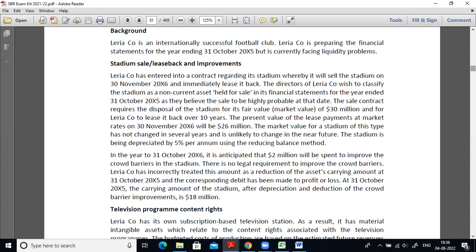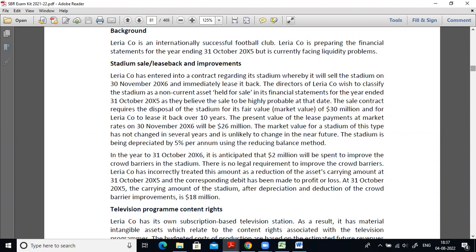The market value for a stadium of this type has not changed in several years and is unlikely to change in the near future. The stadium is depreciated by 5% per annum using the reducing balance method. In the year to 31st October 2006, it is anticipated that 2 million will be spent to improve the crowd barriers in the stadium, and there is no legal requirement to improve the crowd barriers.